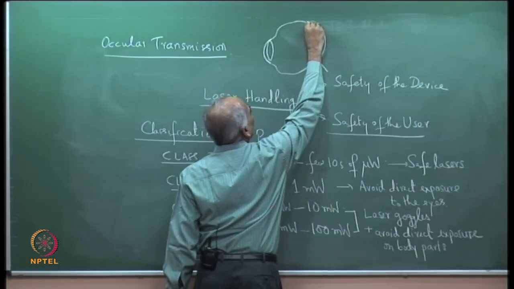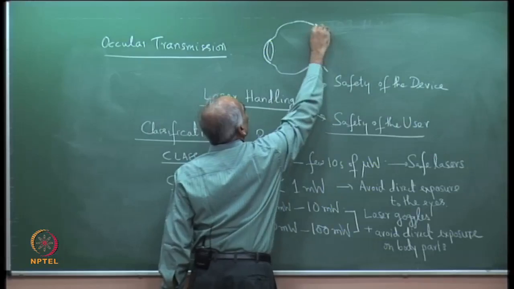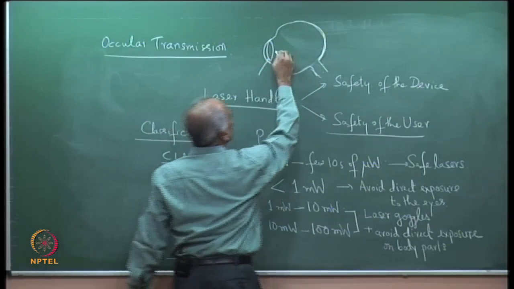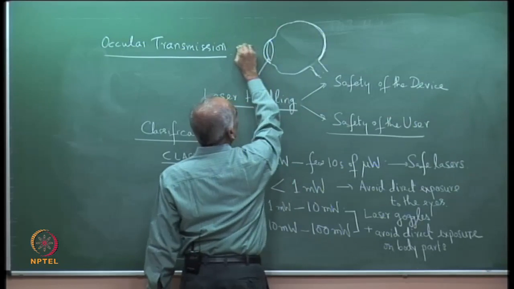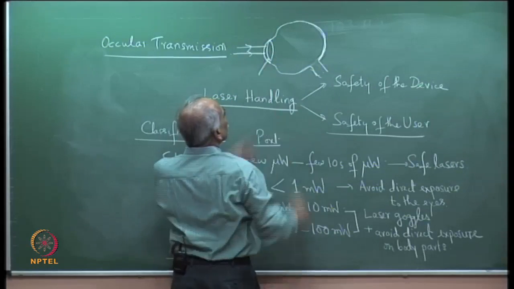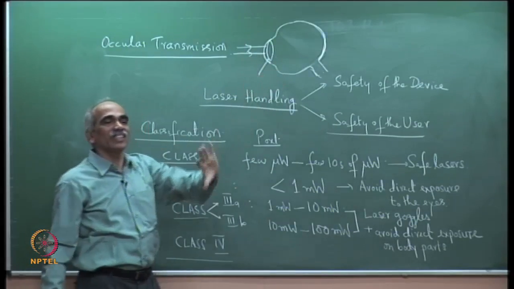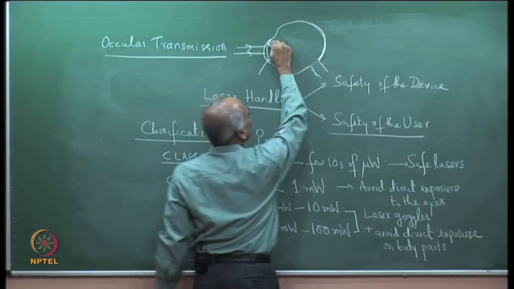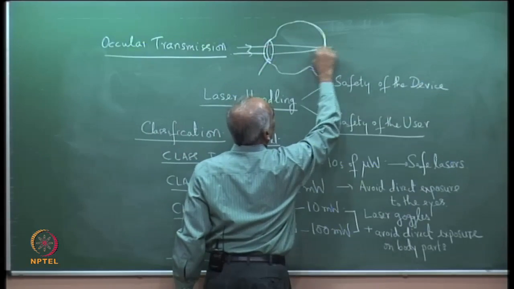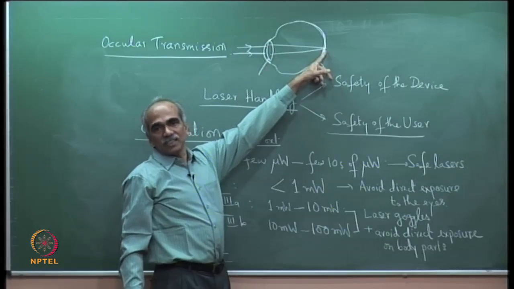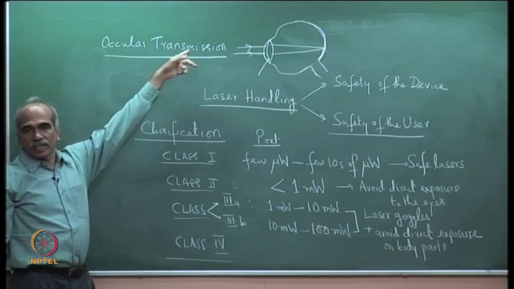The retina is here at the back, and this is the lens, eye lens. Light is incident from here, this is the cornea and the eye lens, the dimensions are not exact, just to illustrate. The light which is incident on the retina at the back, the fraction of that light is called ocular transmission.